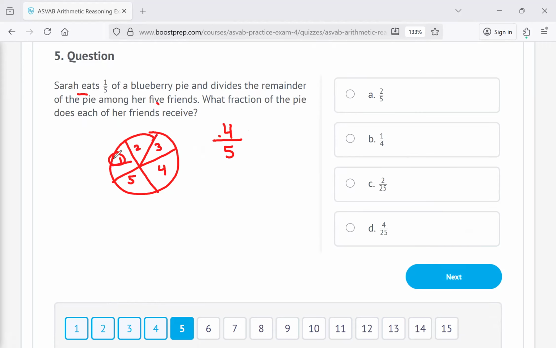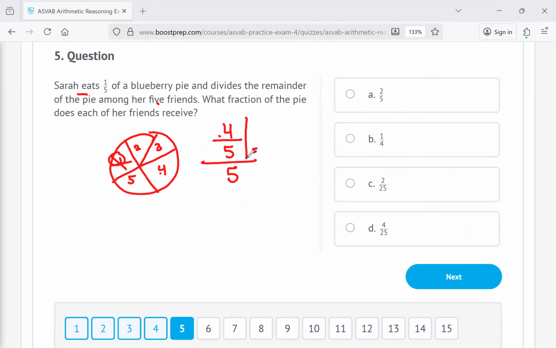So that means there's a total of 4 out of 5 left, and then she's going to divide that by her 5 friends. So you're going to divide that by 5. That can be a bit confusing.